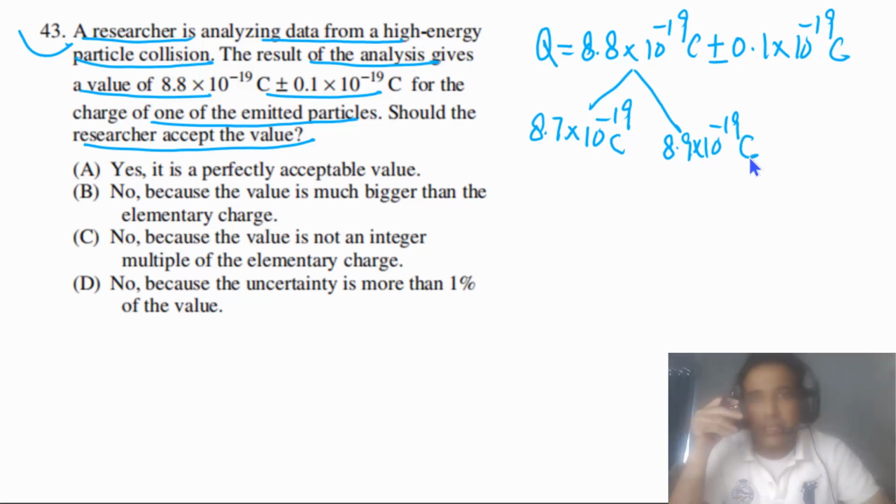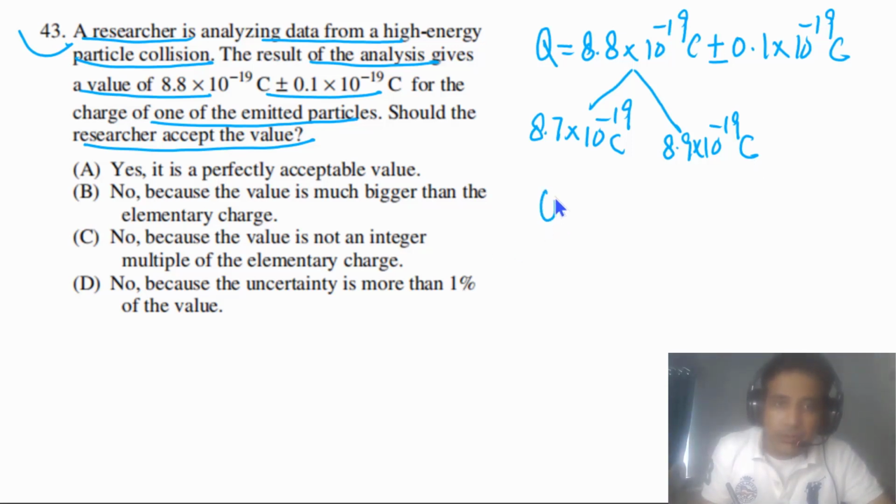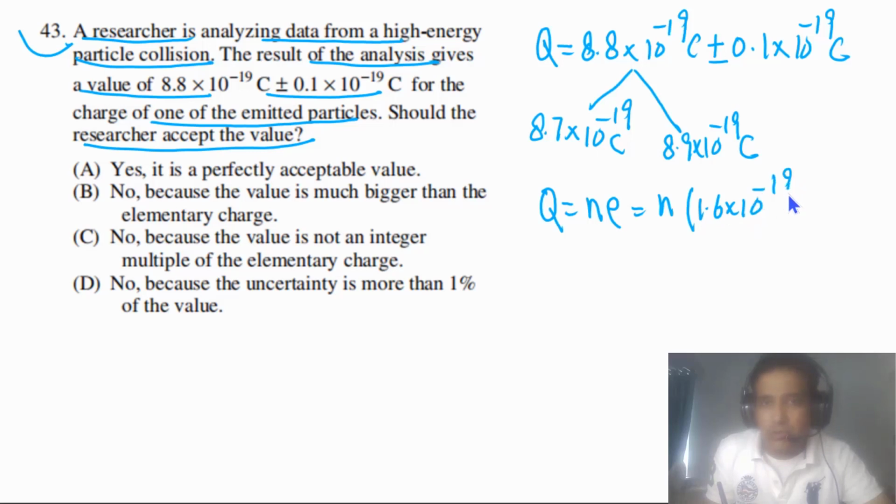So we need to understand charge on any particle has to be integer multiple of the charge on single electron, means n times e. So n here has to be an integer, and e is the charge on single electron. This is the elementary charge, the charge on single electron.